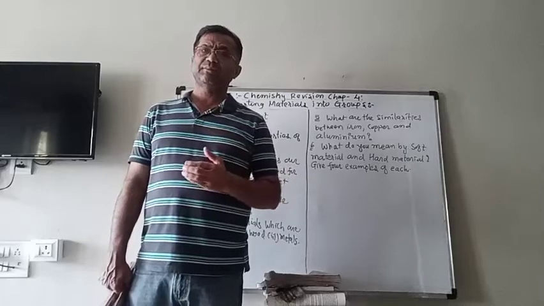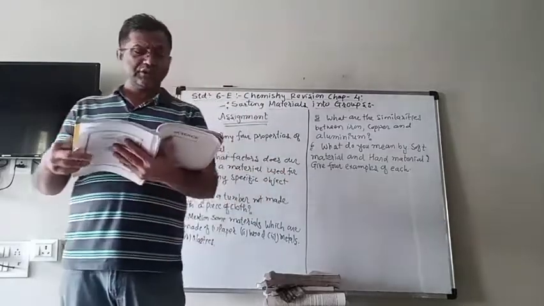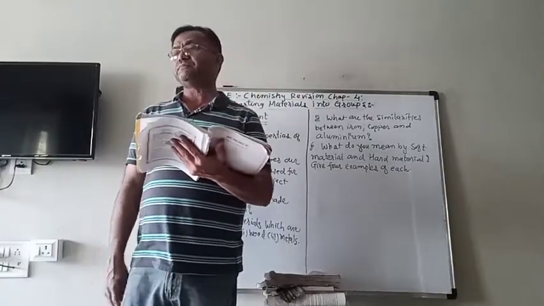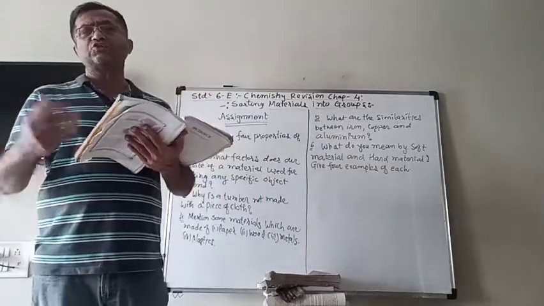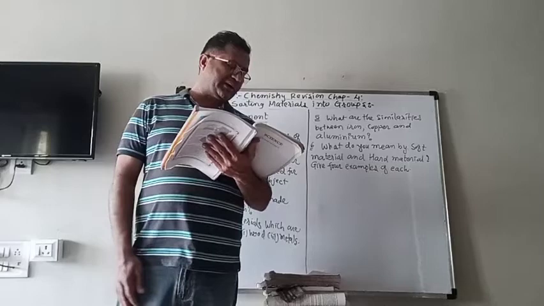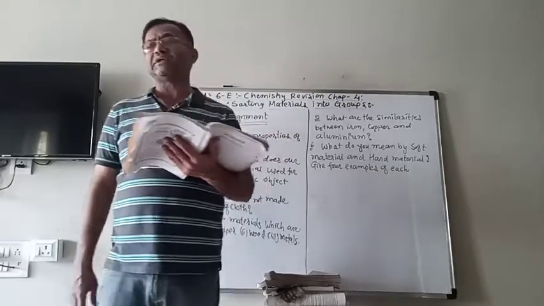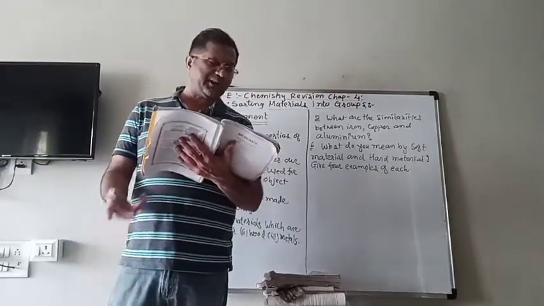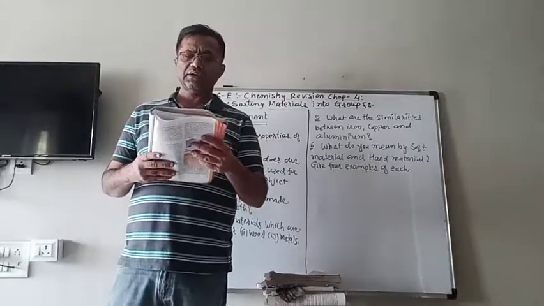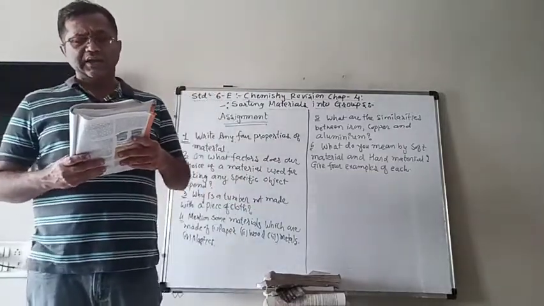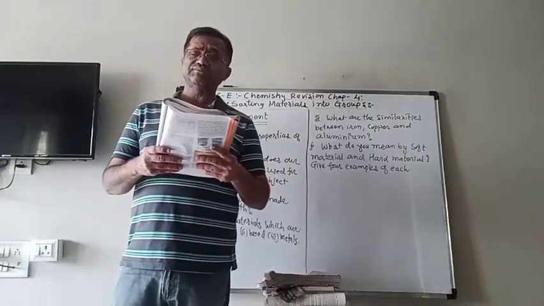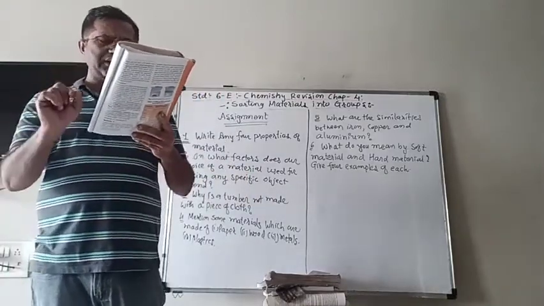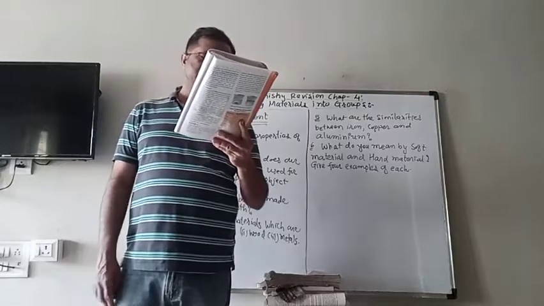Due to that property of metal, we use metals to make cooking vessels. We cannot use paper or cardboard materials for a cooking vessel, because when we use that material, it can be burned and our purpose of cooking will not be fulfilled.